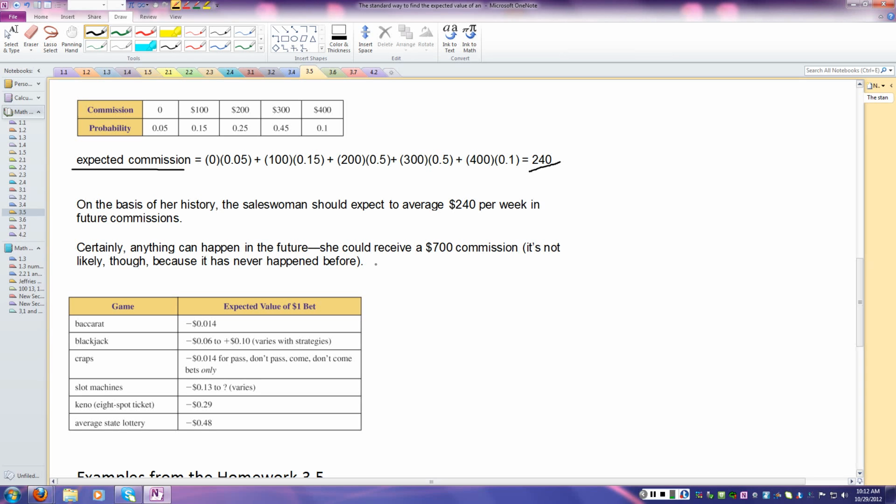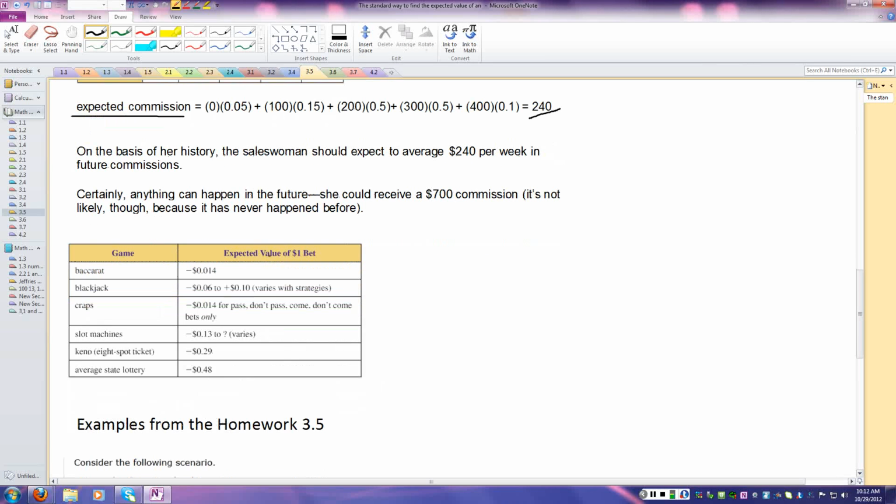The expected values of a $1 bet in Baccarat, Blackjack, Craps, slot machines, Keno, and the average state lottery are given in this little table. For slot machines, the probability of winning of course varies because the casino can set this to be whatever they want.